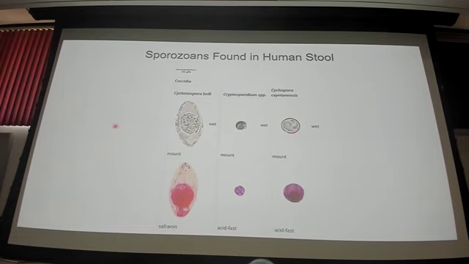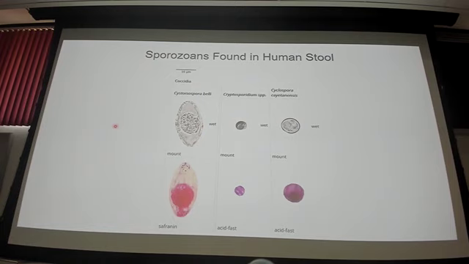Cystoisospora is quite large, usually 20 to 30 micrometers, and it's ellipsoid. The shape of it is very distinctive relative to the other protozoans there. Cryptosporidium is the smallest one. It's teeny tiny, 4 to 6 micrometers, and Cyclospora cayetanensis is sort of about in the middle. It's around 8 to 10 microns.